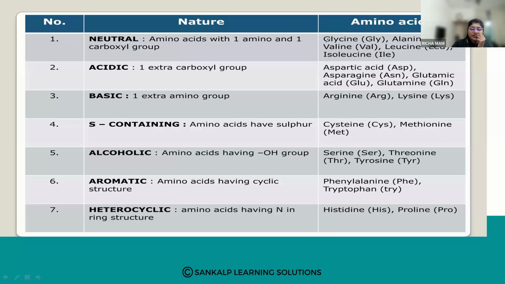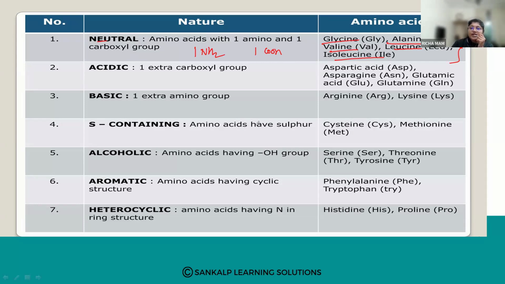Glycine, alanine, then valine, then leucine, isoleucine, and these are all under a category called neutral. Neutral means that in a neutral amino acid you have one amino group and one carboxylic acid group. So these are categorized as neutral amino acids.